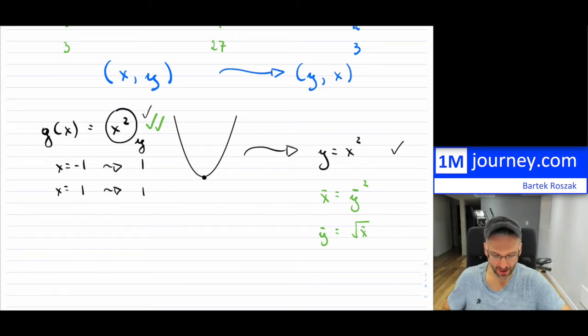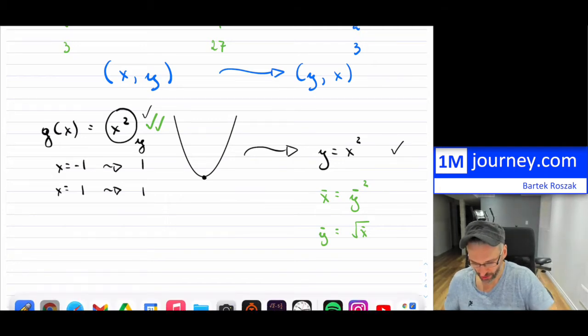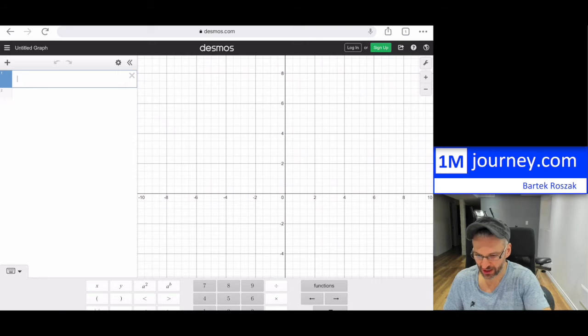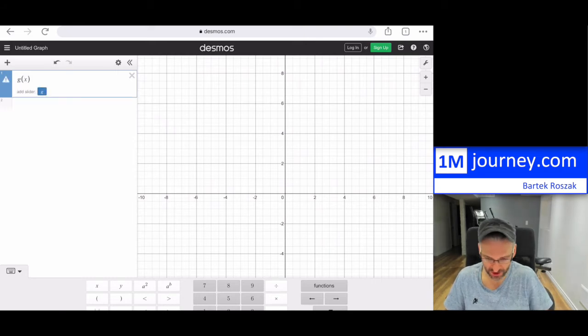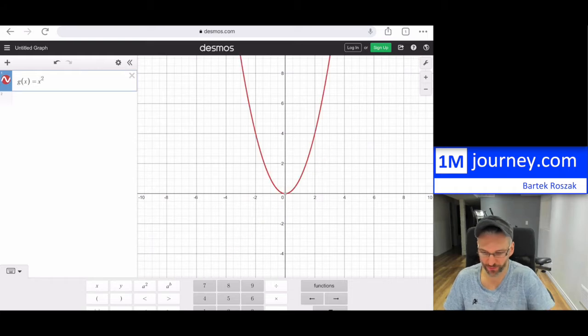All right. Now I'm going to map this out so that you can understand it a little bit better. Let's say my g of x is equal to x squared.